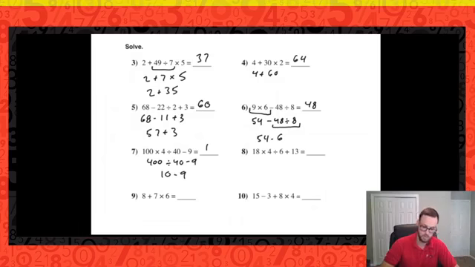All right, number 8. Number 8. 18 times 4 divided by 6 plus 13. This one's set up a little nicely for us. We can just work left to right because we're starting multiplication, division, and then addition. So 18 times 4 is what? Well, I know that 10 times 4 is 40.